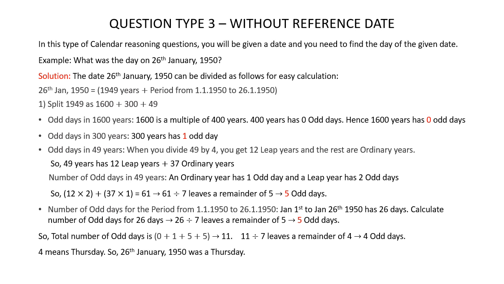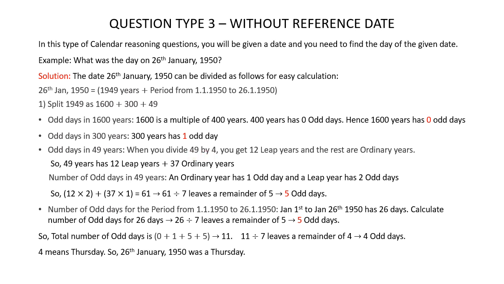Next, let's find out the number of odd days in 300 years. Now we know that 300 years has 1 odd day. Next, let's find out the number of odd days in 49 years. To find that, first we have to know how many leap years and how many ordinary years there are in 49 years. To do that, we divide 49 by 4.